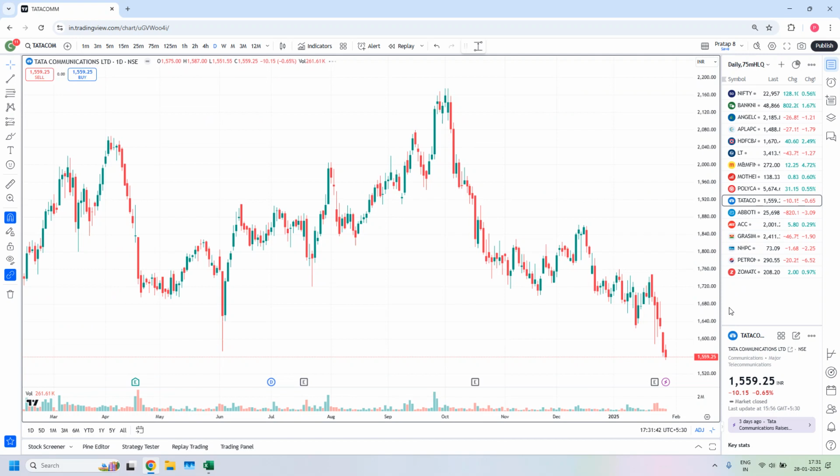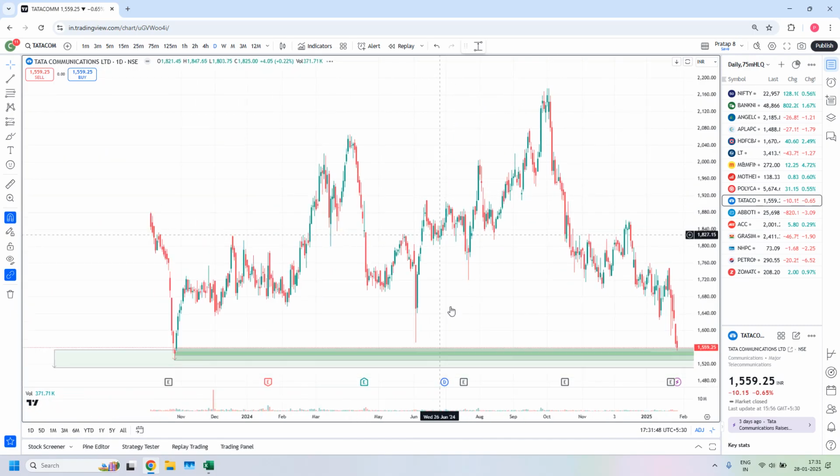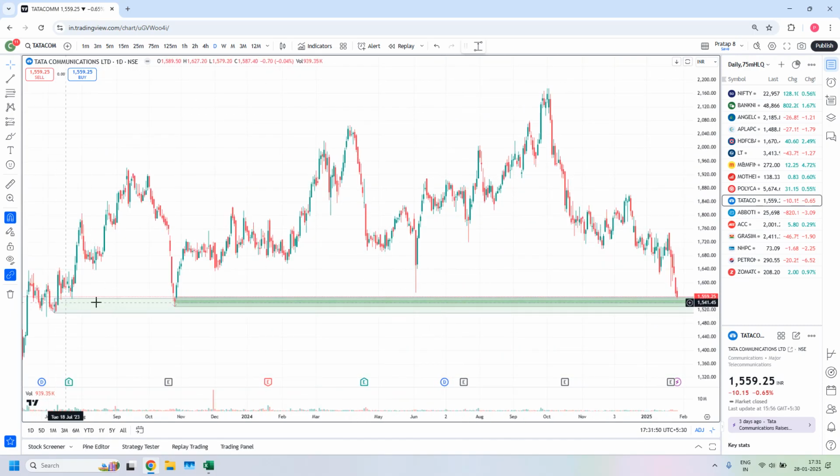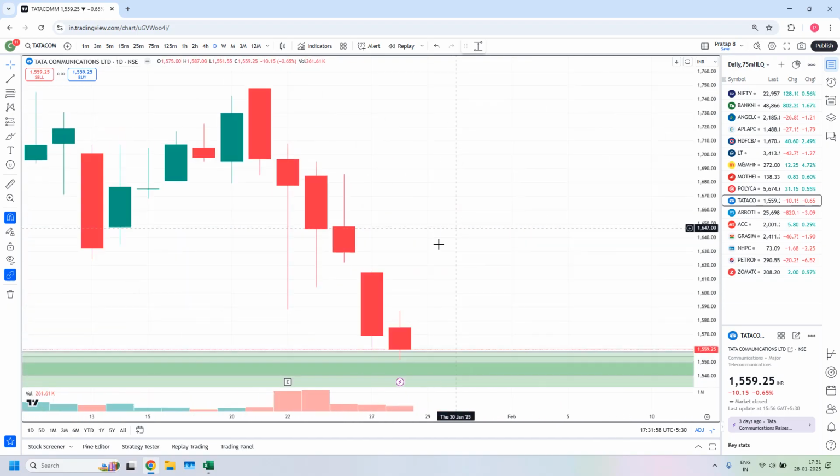Next, Tata Communication. Tata Communication is another daily zone, and this is a very old zone in the year 2023. I fine-tuned up to 15 minutes. Without 5 minutes, we can't plan our trades. Price entered in the zone. After that, it gave a big move and then again came down.